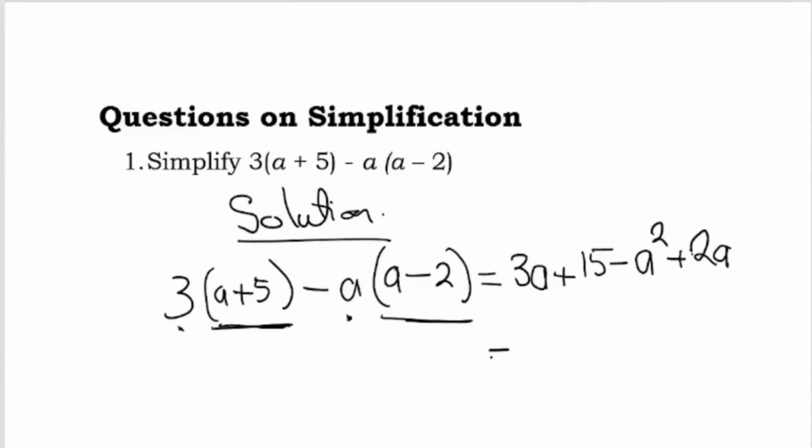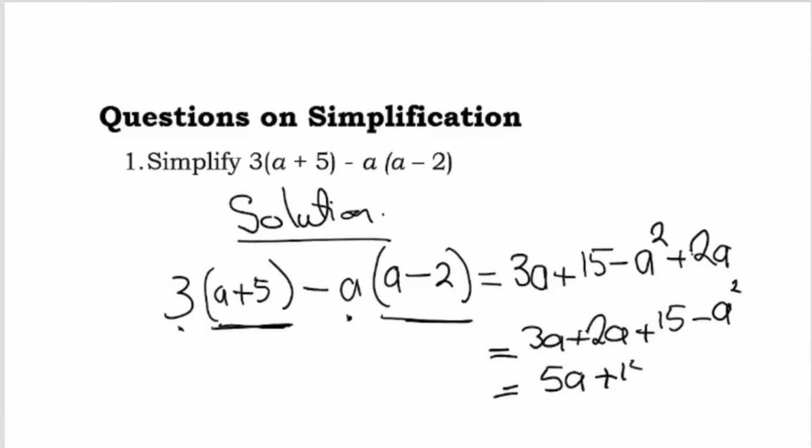And so what we can now do is simplify. Let's call it like terms. You notice that 3a and 2a are like terms. So we're going to say 3a plus 2a followed by plus 15 and then minus a squared. When we add these first two, we have 5a, then plus 15 minus a squared.